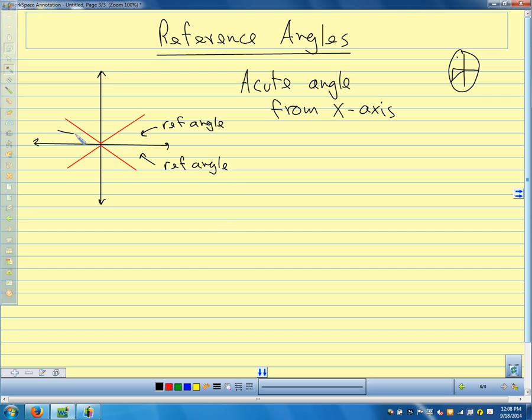Over here, this angle from the x-axis is a reference angle. And here is our reference angle.